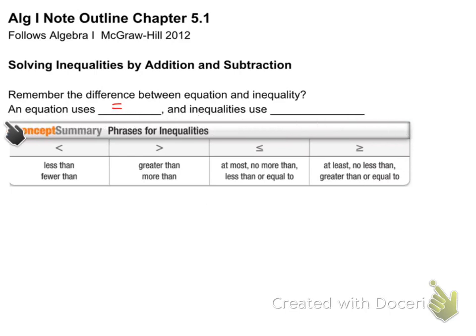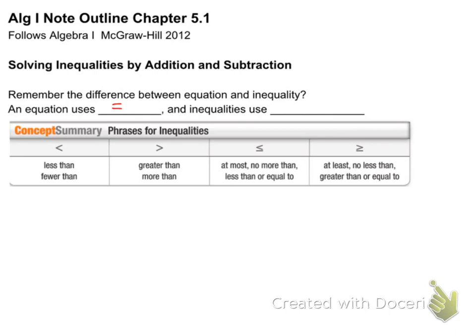Okay? Now, I'm hoping every single one of us in this room has had some form of introduction to these before. So we have a less than symbol. We have a greater than symbol. We have a less than or equal to symbol and a greater than or equal to symbol.